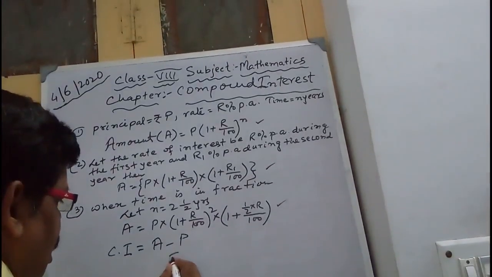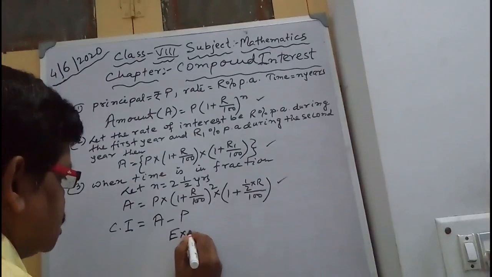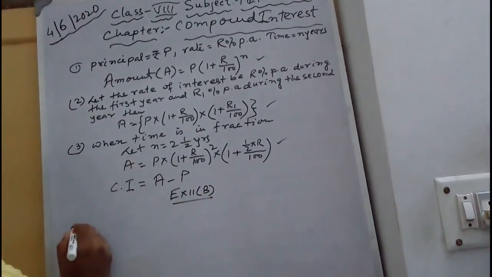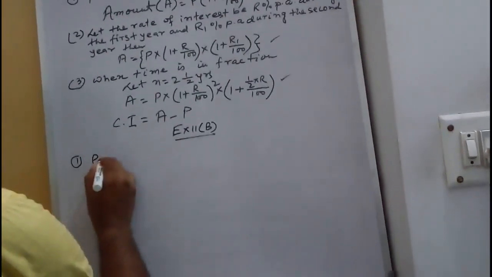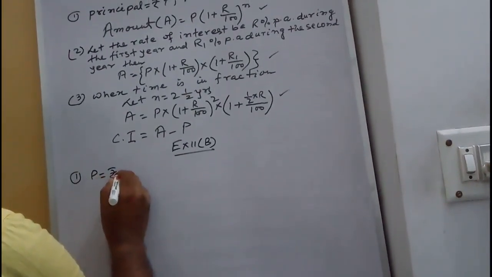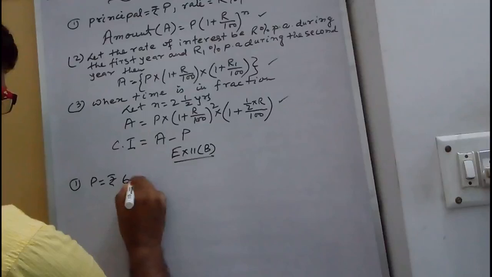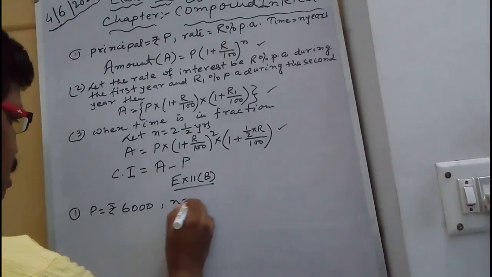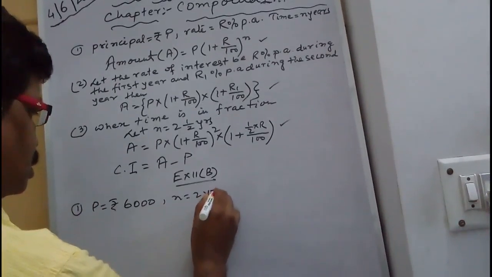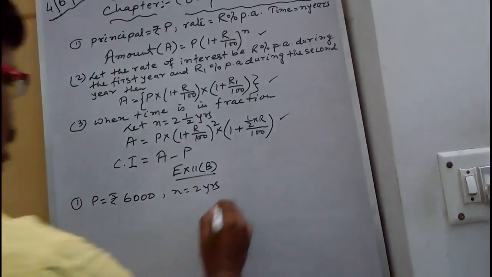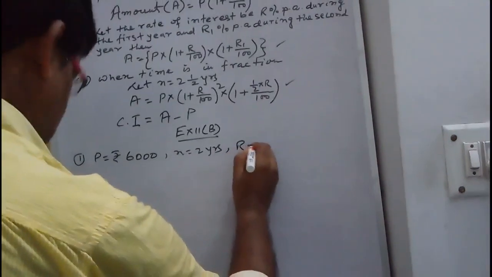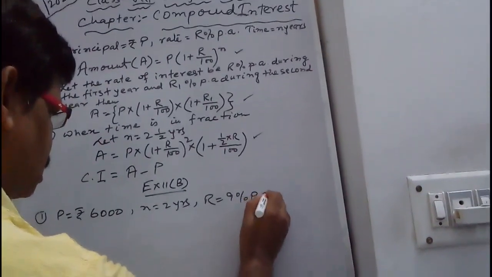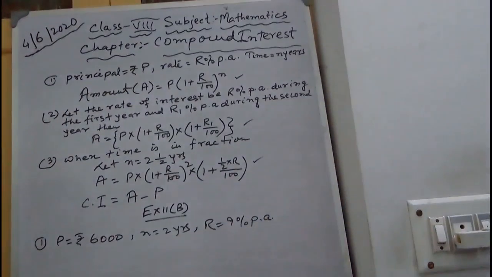Now exercise 11B, sum number 1. P equal to rupees 6,000, time 2 years, R equal to 9% per annum.